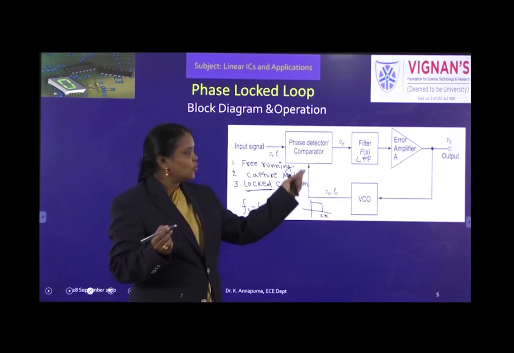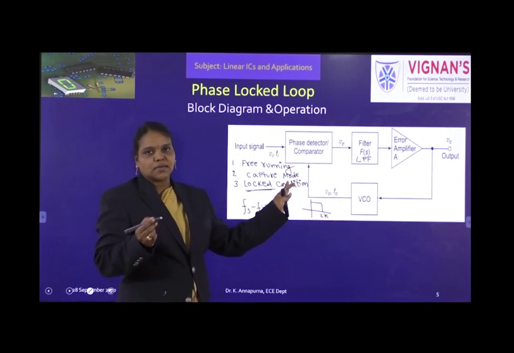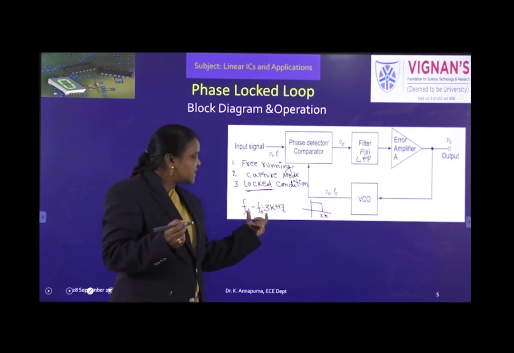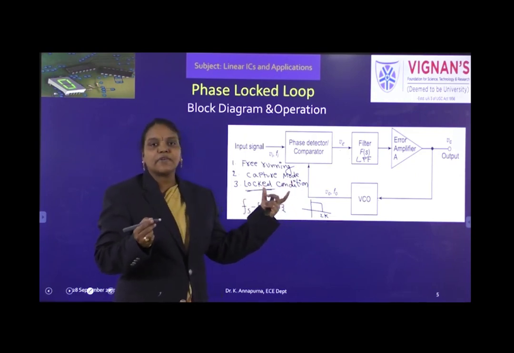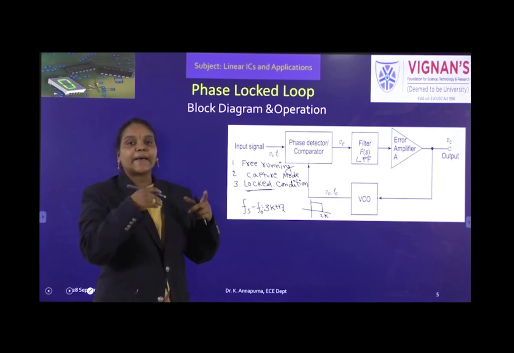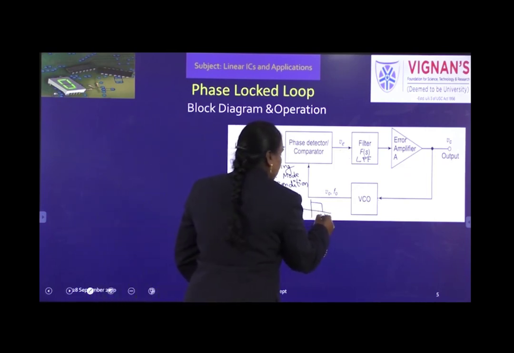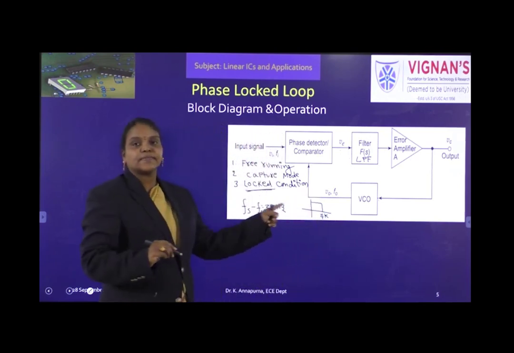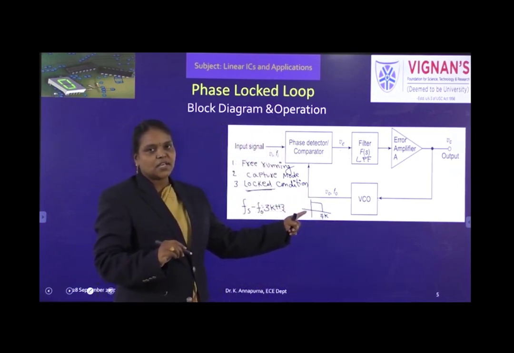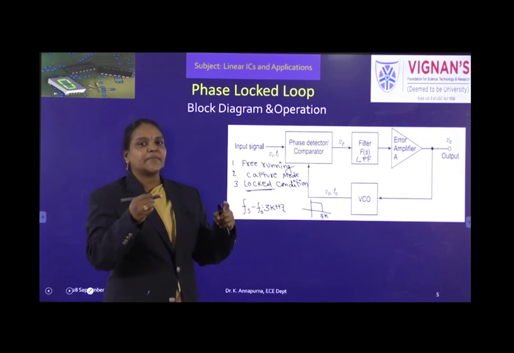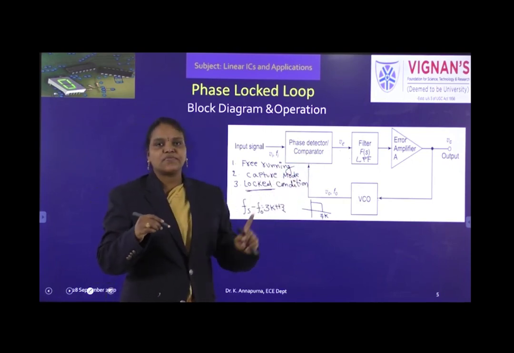No. So, no action will start. So, when the difference is less than the cutoff frequency of the low pass filter, only then the capturing starts, right? So, suppose it is 4 kilohertz, the capturing action starts. So, the capture range is decided by the cutoff frequency of the low pass filter.